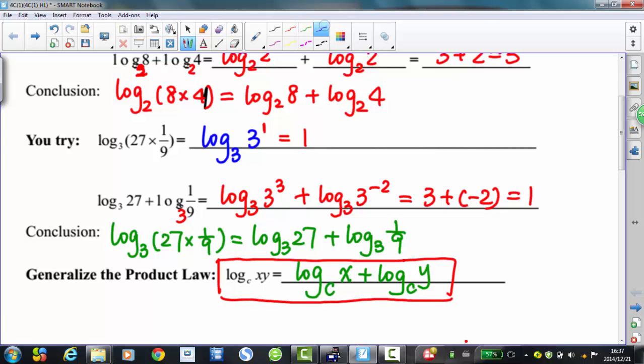And you need to know what's the meaning of familiarity with this log law. The familiarity of this log law means you need to know how to use this law from the left side to the right side, and the right side backwards to the left side as well.